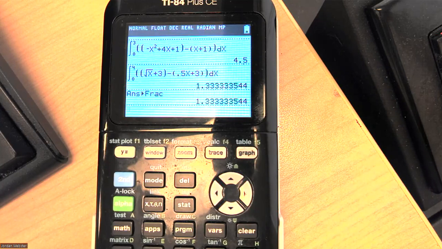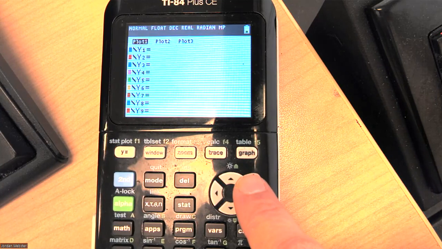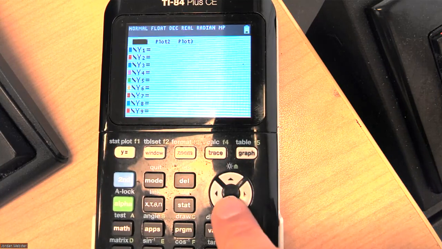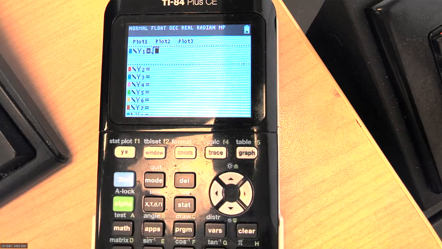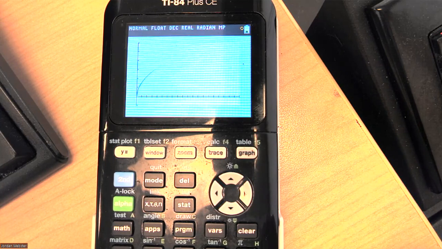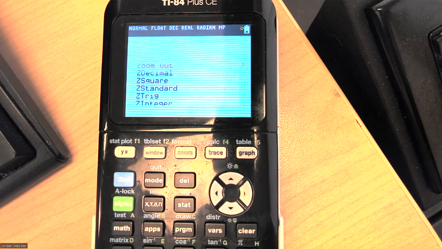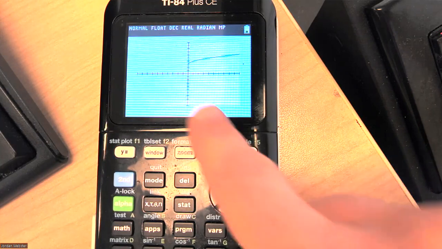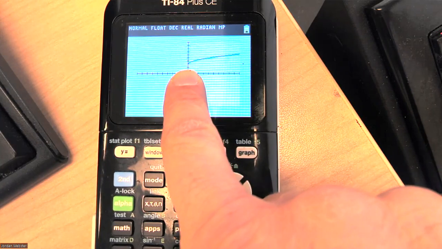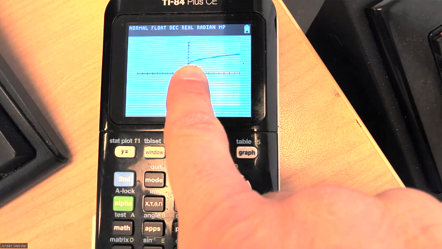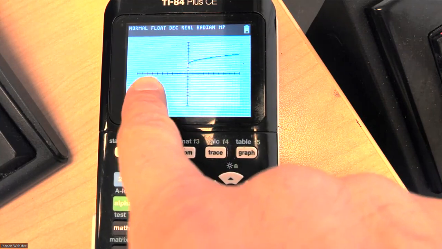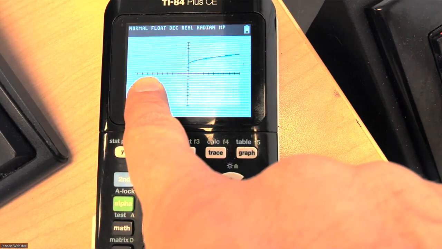Because if you remember, square root of x plus 3 does not go to the left of 0, right?